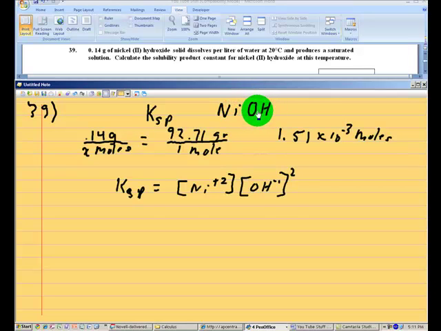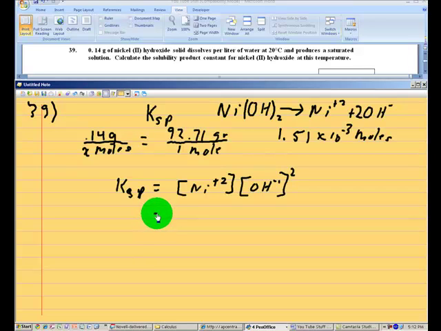The polyatomic OH is a minus 1. So we're going to need to make that Ni(OH)2. This is going to dissociate into the Ni plus 2 plus the OH minus, but to balance it out, we've got to put the coefficient of a 2 here. By knowing this reaction, we know that the KSP will now be the Ni plus 2, the OH minus 1, but because of the coefficient, we have to then square that value.